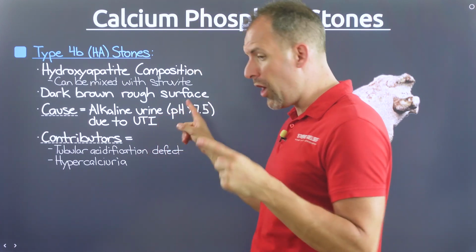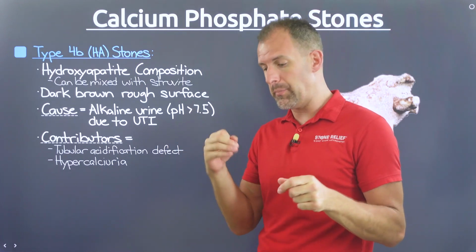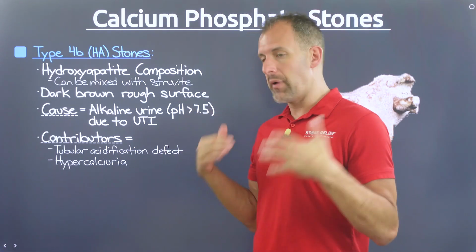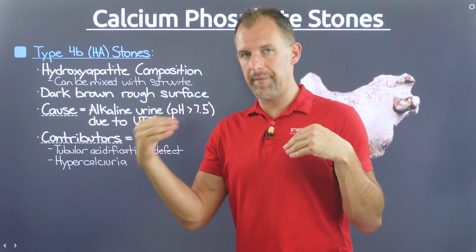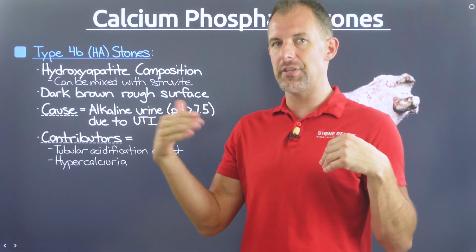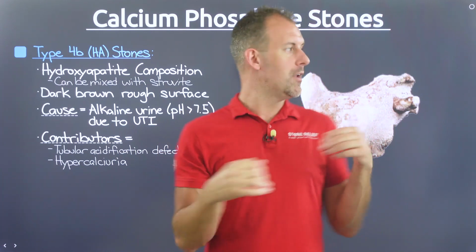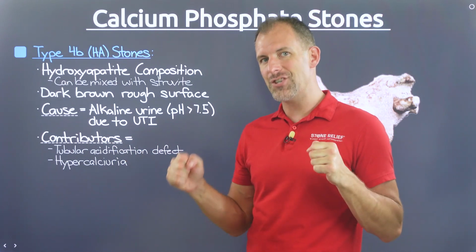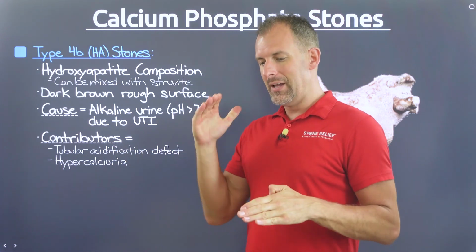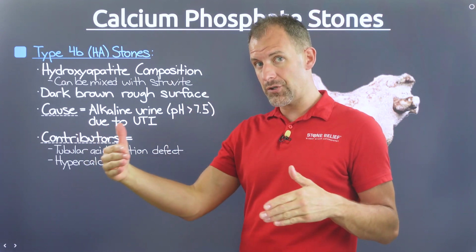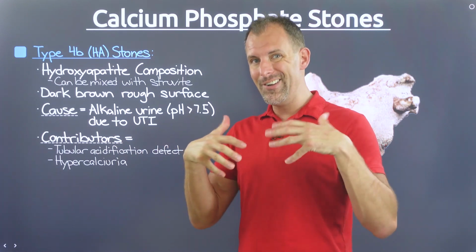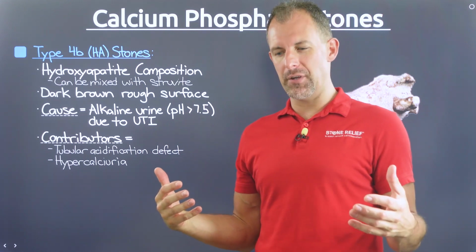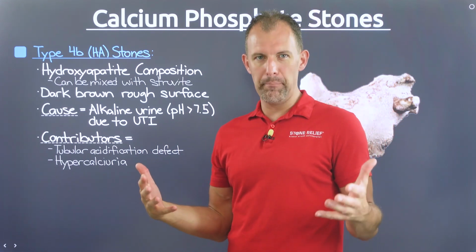Now, the cause of this, again, is due to alkaline urine. In particular, this is another one of those UTI situations. But it also has to do with another factor. There are contributors beyond just the UTI that need to be present in order for this to pop up. Those two things are tubular acidification defects, and this could be DRTA like we talked about in the previous chapter, or it could be another mode that is disabling your body's ability to manage the acid and base balance.